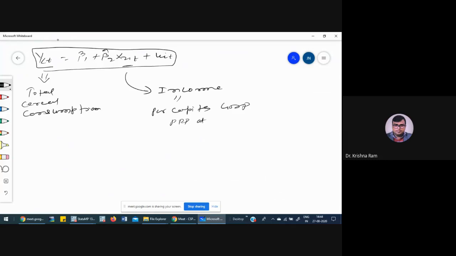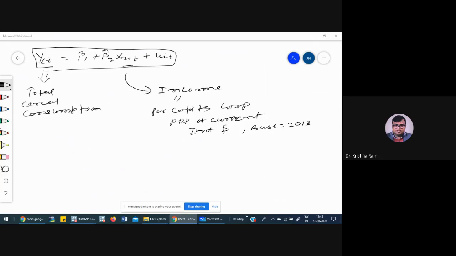The base year, I think that one is 2000. I missed noting the base year. Probably that would be 2013 only. So that is the case.